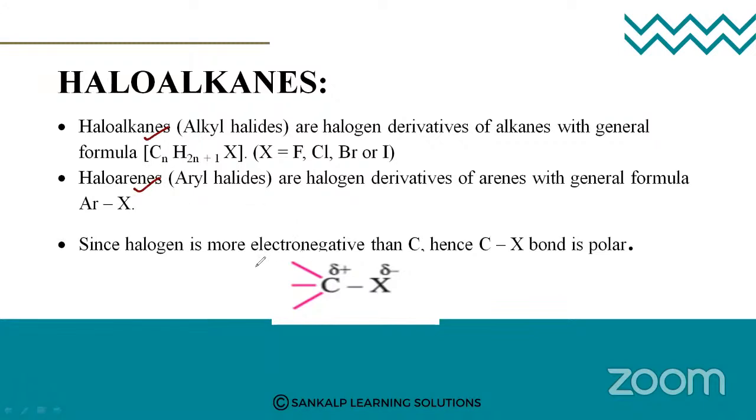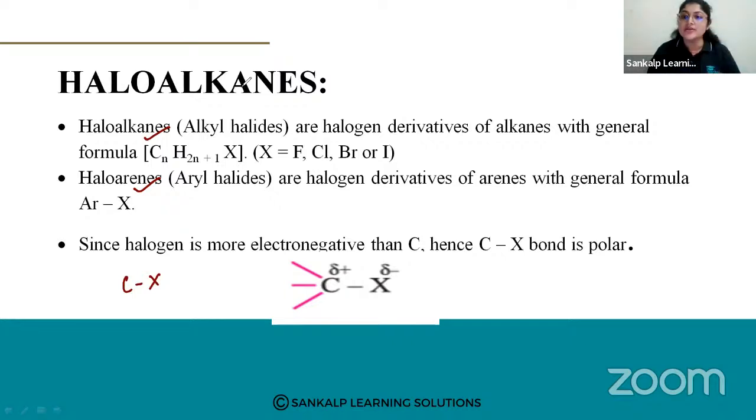Now next we'll see the nature of the C-X bond. What is the nature of this alkyl halide bond? In alkyl halides, the C-X bond is partially polarized because the halogen atom is highly electronegative.